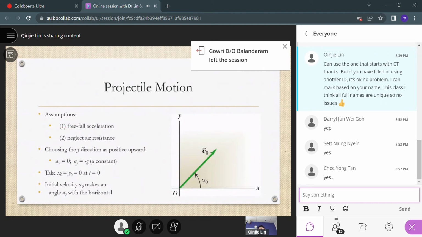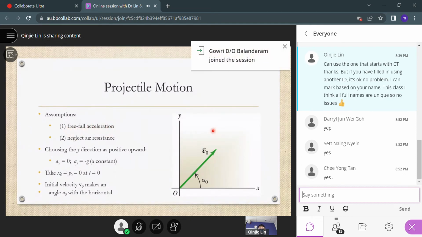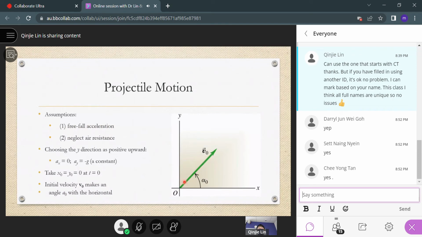So in our study, for this case, the assumptions for projectile motion: we assume free fall acceleration. So at any time, let's say we were to shoot a particle upwards. That means initial velocity in this direction at a certain angle counting from the x-axis.